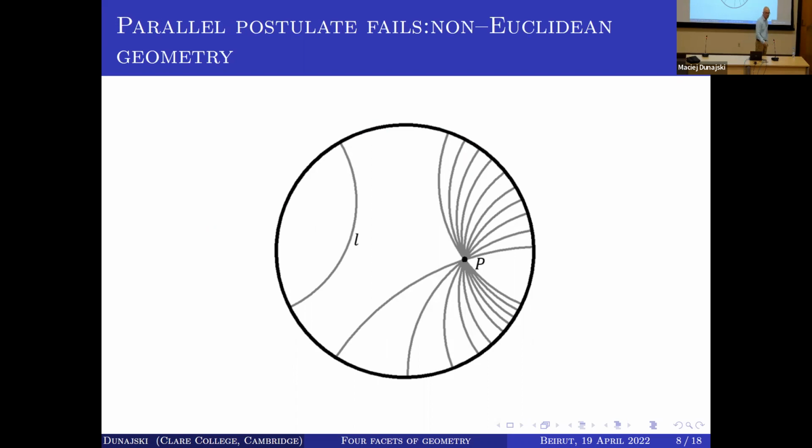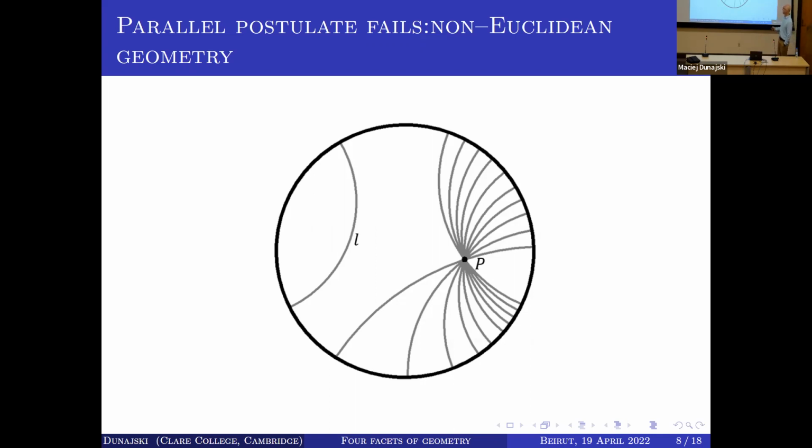Now, why is it that hyperbolic geometry proves the necessity for Euclid's fifth axiom? It is because it doesn't satisfy this axiom. So here's why. Remember, Euclid's fifth axiom said that if you have a line L and a point not on this line, then there'll be a unique line through this point not intersecting L. We call it parallel.